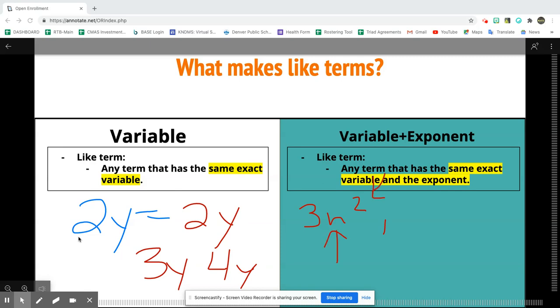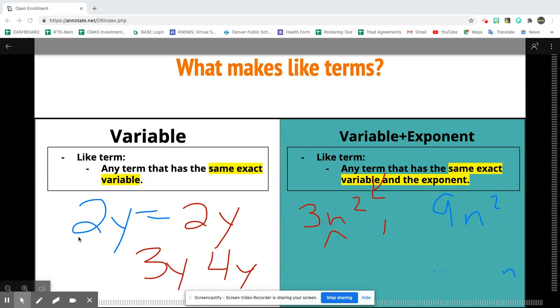So for example, I have 3n squared, so like terms would be 4n squared, 9n squared, and like I said before, even 100n squared. And I know they're like terms because they share the same variable and the same exponent.